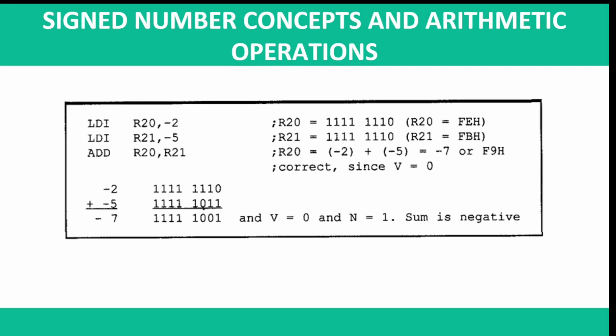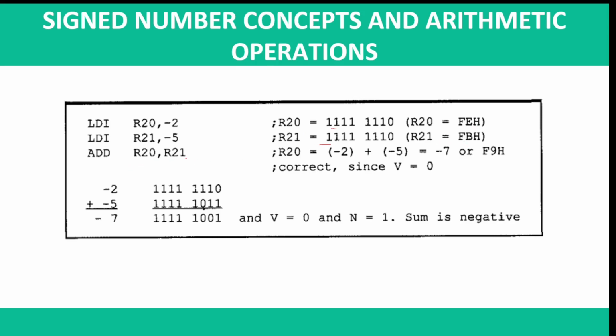So we have here the example. So we have negative 2 loaded to register R20 and negative 5 loaded to R21. And respectively, they have these values for their binary and their hexadecimal counterpart.